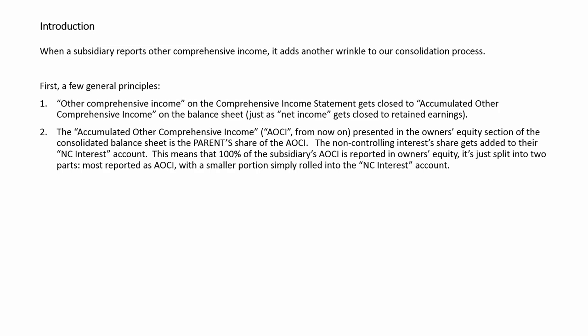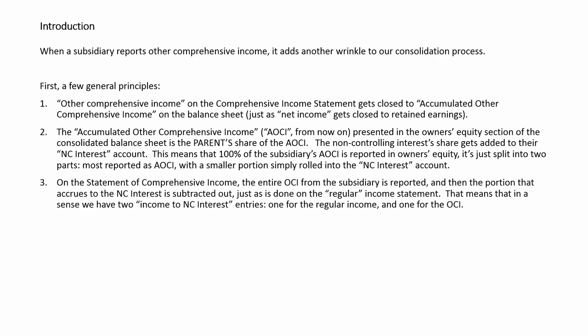And since the consolidated balance sheet is prepared from the point of view of the parent company shareholders, the AOCI on the balance sheet would be $80. The other $20 of that would be funneled to the non-controlling interest account. So that means that the entire $100 of accumulated other comprehensive income shows up in the owner's equity section, $80 of it explicitly as AOCI, the other $20 rolled into the non-controlling interest account.